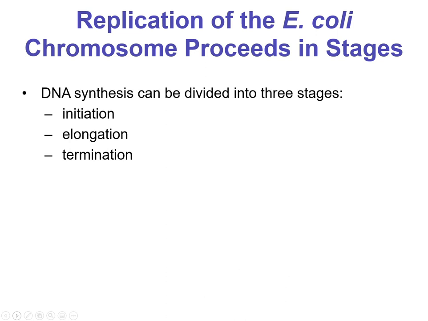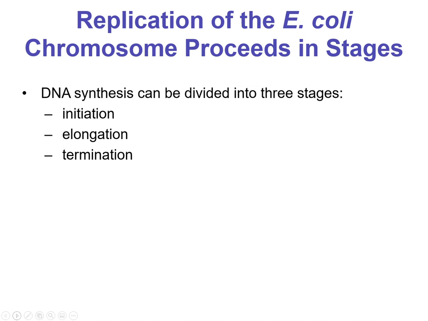There are 3 stages that we think about when it comes to DNA synthesis, and you'll actually see this throughout the central dogma: replication of DNA, making the messenger RNA transcript, and protein translation. There's initiation, where you're getting set up. There's elongation, where you're just chugging through and adding nucleotide after nucleotide.